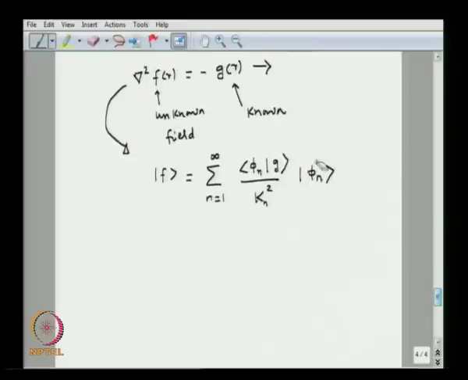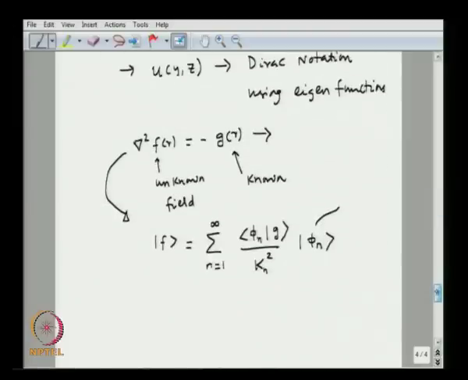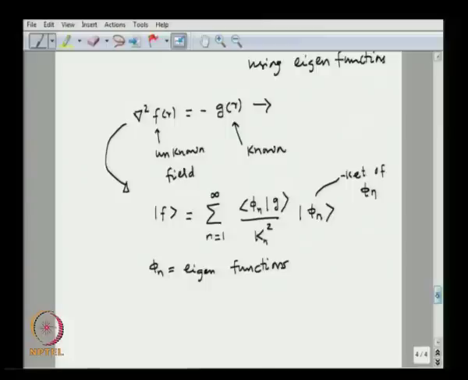So, this is the eigenfunction bracket notation, and this is known as the ket of phi n, phi n being the eigenfunctions, and here this one is the ket of the unknown field f.